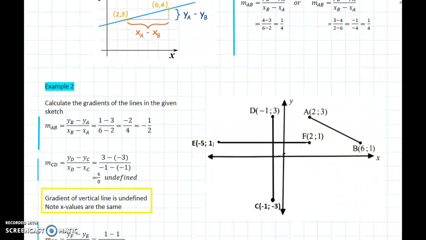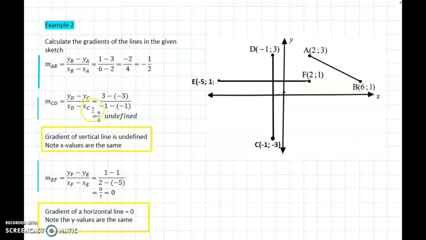In example 2, it says calculate the gradients of the lines in the given sketch. So let's look at the line AB. And here we can see this direction, it's sloping down. You can think of it going downhill. But let's work out the gradient. So again, here I write down my gradient formula. It's the gradient of AB. There's the gradient formula.